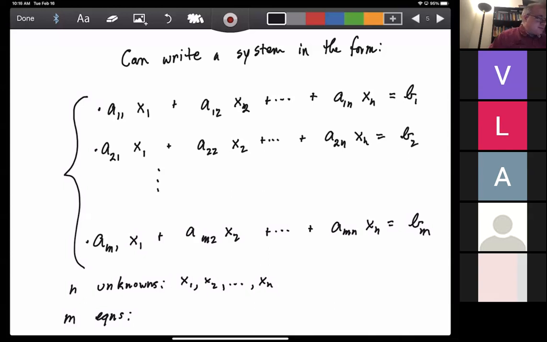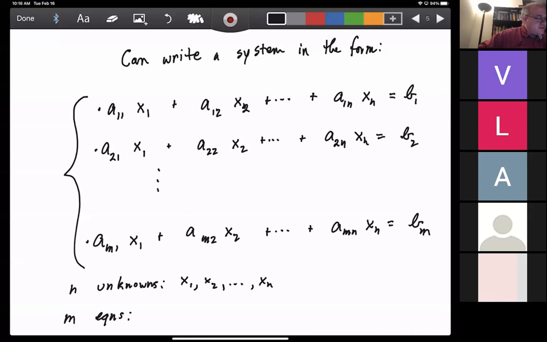And notice what I did with the coefficients. I used the symbol A to represent a general coefficient, and I'm using a double subscript to indicate which equation the coefficient appears in and which unknown the coefficient goes with.